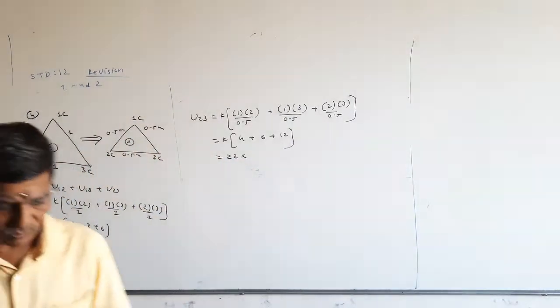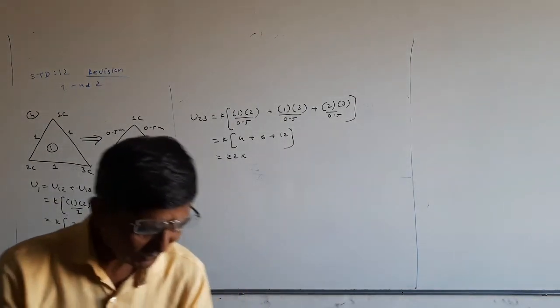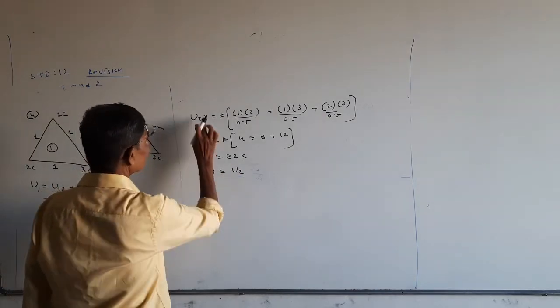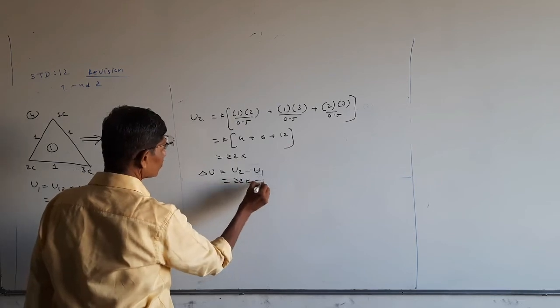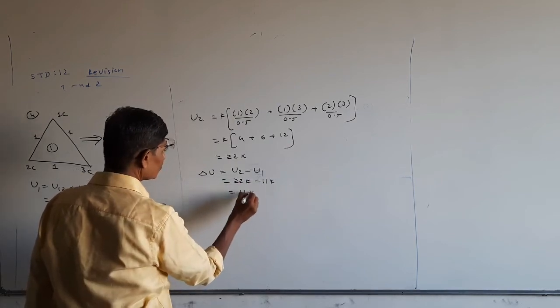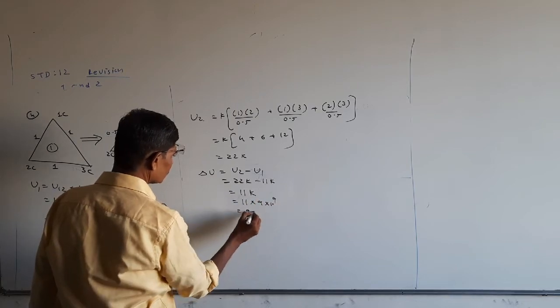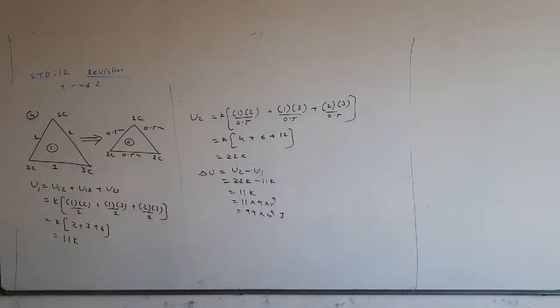Now delta U is nothing but the change in potential energy, U2 minus U1.